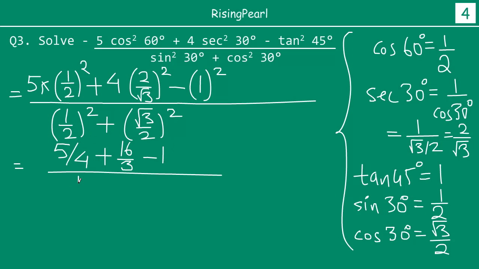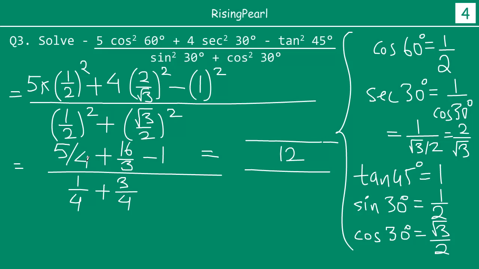And here we will have 1 by 4 plus root 3 times root 3 is 3 by 2 times 2 is 4. So let's just write it here. Just want to make sure that we are able to cover this in the space we have. So here now we have 4 as a denominator and 3 as a denominator. So our denominator here will be 12.